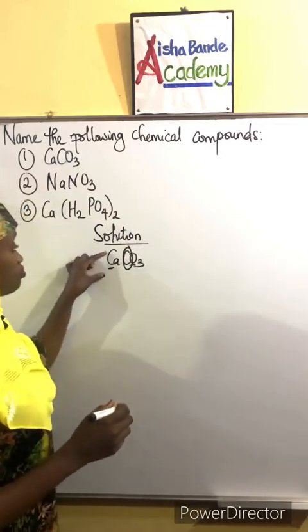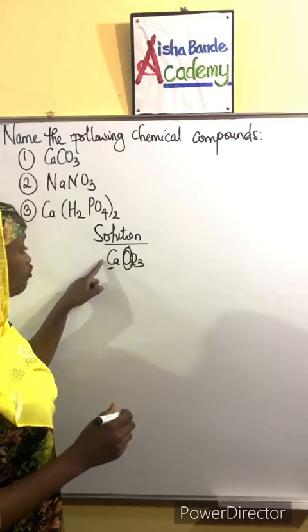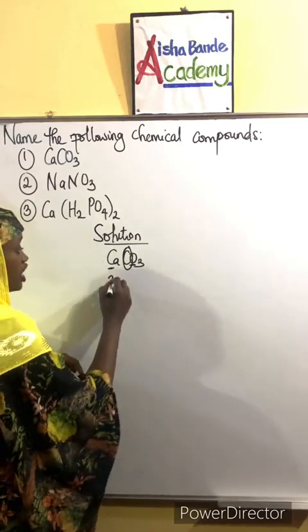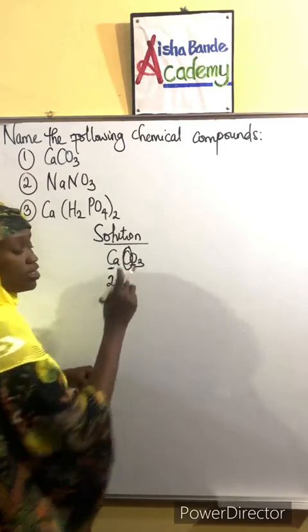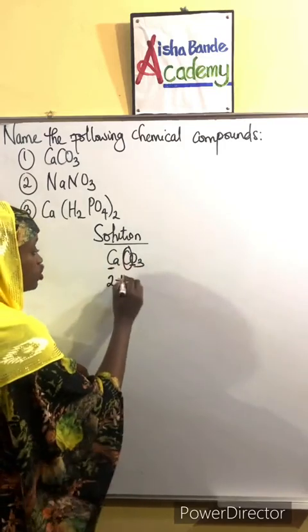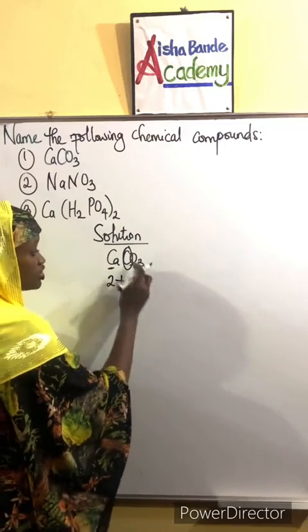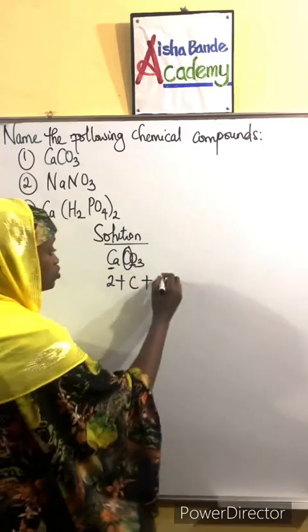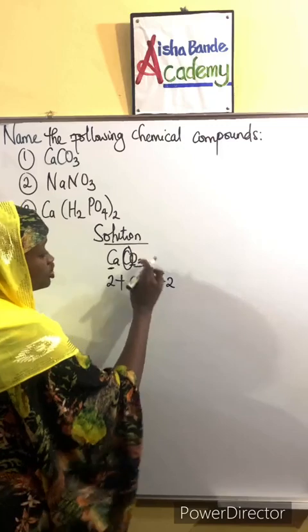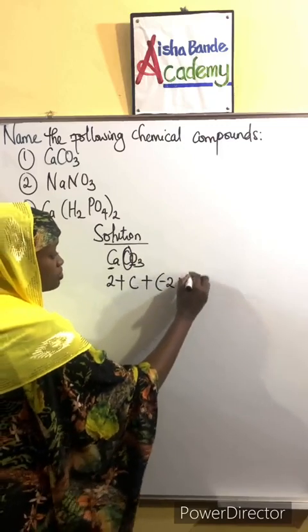So the oxidation number of calcium is +2. So here we have 2 plus the oxidation number of carbon, let's call it C, plus the oxidation number of oxygen, which is -2, but oxygen is having a 3 here, so it's going to be times 3.